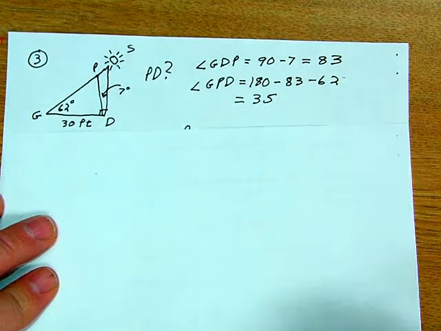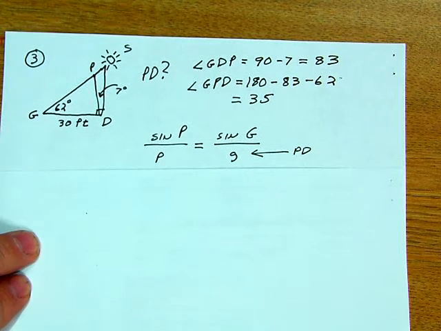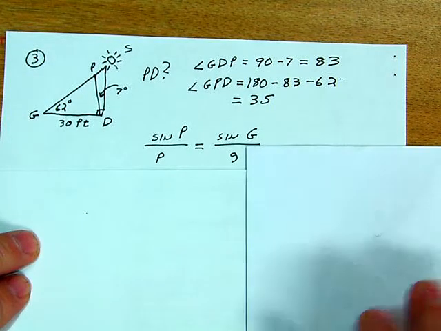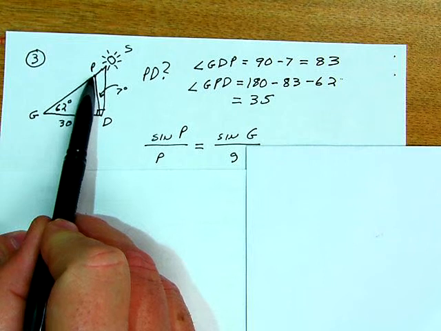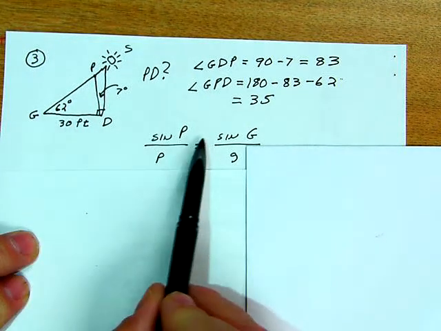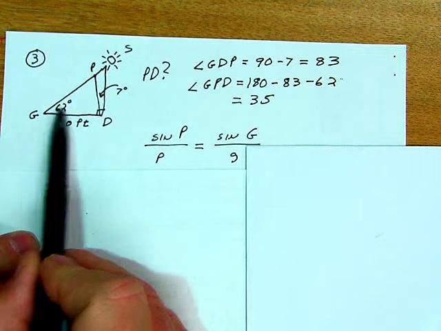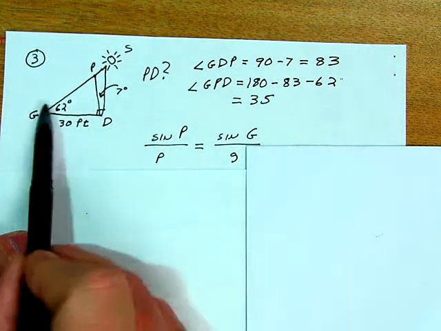So now I can use the law of sines. The sine of P, so there's angle P over its opposite, P, is equal to the sine of G, 62, over its opposite, which is G, typically small g.